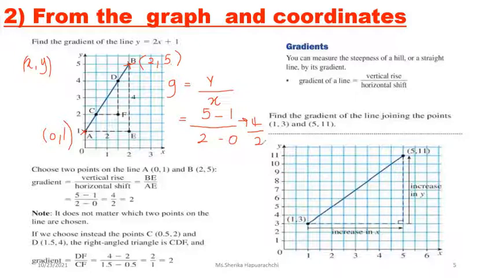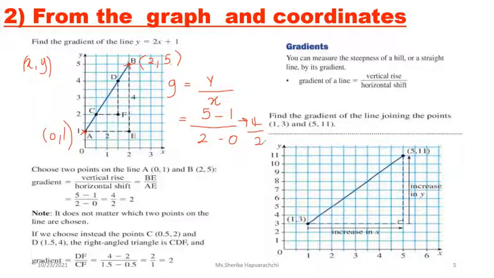Sometimes for the exam, they give the equation. From the equation, if they ask you to find the gradient, first you see the number or the coefficient in front of y, whether it's 1. If it is 1, straight away you can identify the number in front of x, that is your gradient. And when they give a graph, how do we identify the gradient?